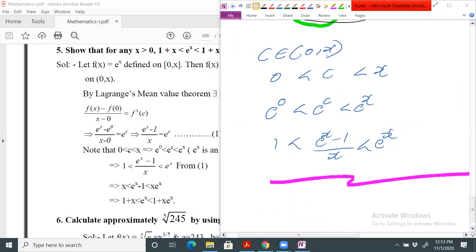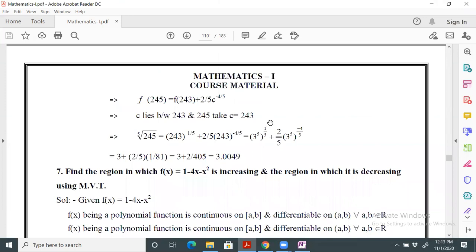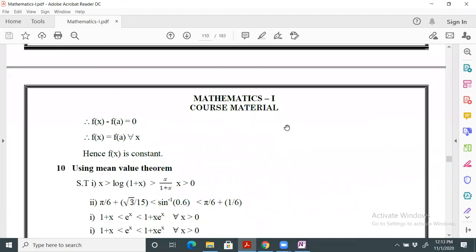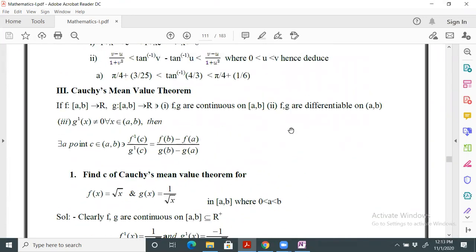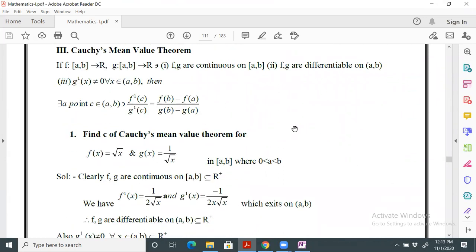In the same manner, I'll go a little bit fast on the next theorem, Cauchy's mean value theorem. Cauchy's mean value theorem and Lagrange's mean value theorem are the same, but Cauchy's we apply to two different functions.